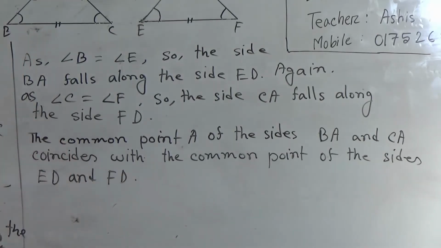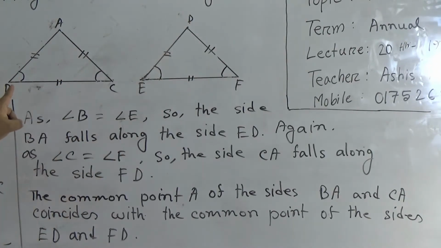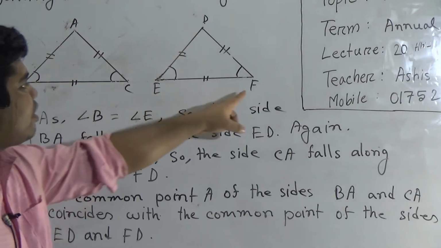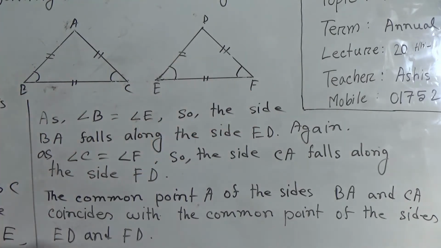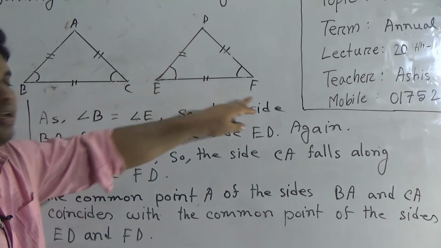I hope you have understood. That means the common point A coincide with the common point D. As B falls on E, A falls on D and C falls on F, so we can say that triangle ABC falls on the triangle DEF.